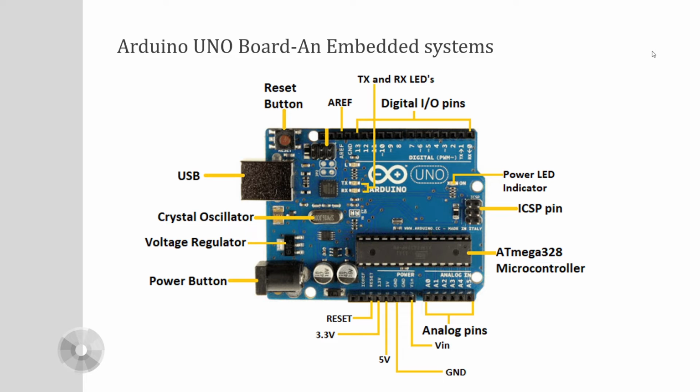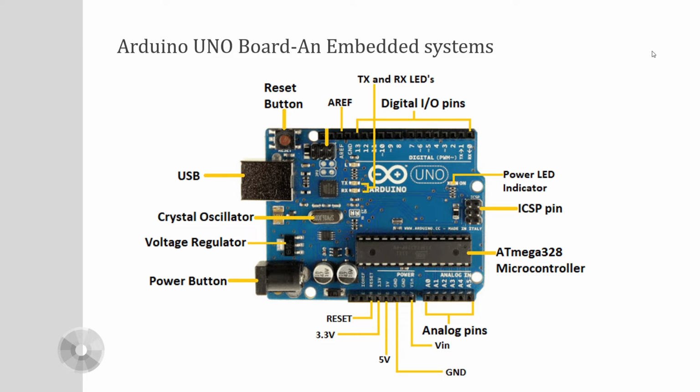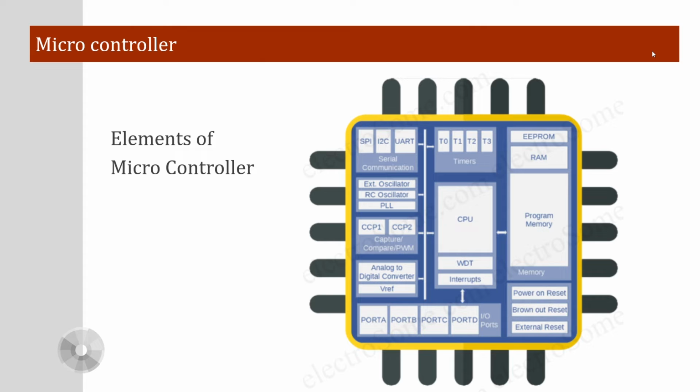Next we come to the microcontroller. The microcontroller that we used in the Arduino board is the Atmega 328 microcontroller. There are many microcontroller series, and the one we used in the Arduino board is the Atmega 328. A microcontroller is a compact integrated circuit designed to govern a specific operation in an embedded system.